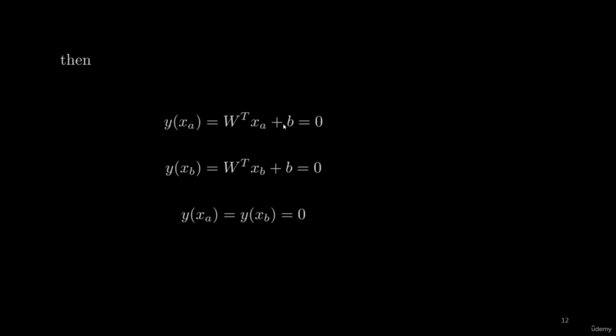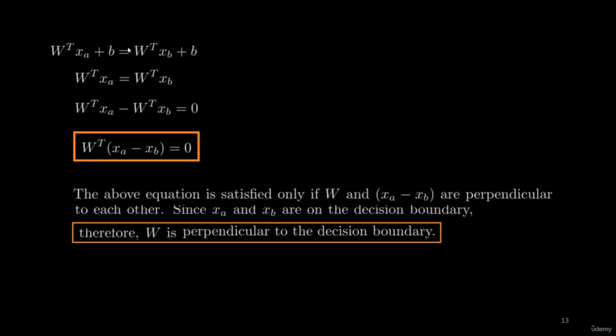Since both are equal to 0, I can equate the two equations. Next, I can cancel B with B, and I will be left with W transpose XA equals W transpose XB.